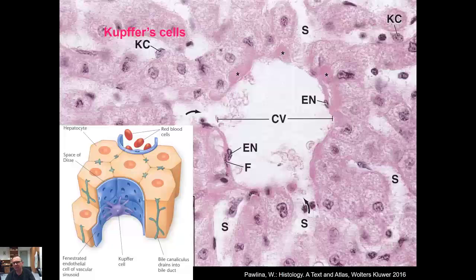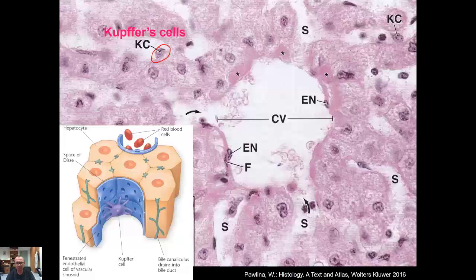In this light microscopic picture, it is difficult to recognize whether, for example, this Kupffer cell here in this part is situated in the space of Disse or in the sinusoid. It is not easy to recognize.